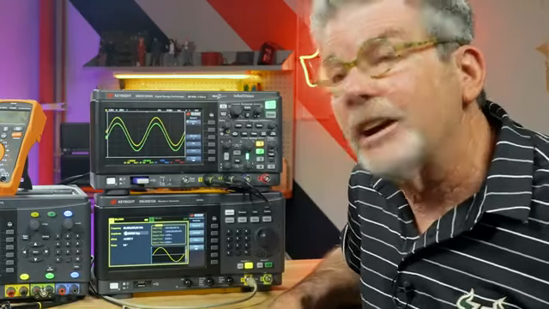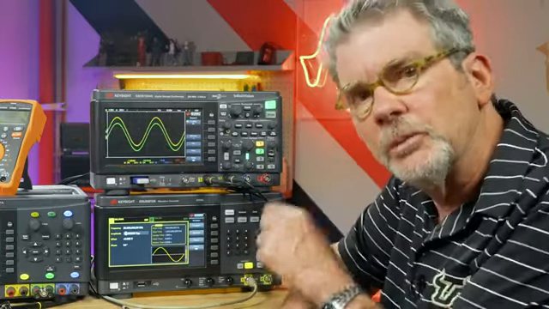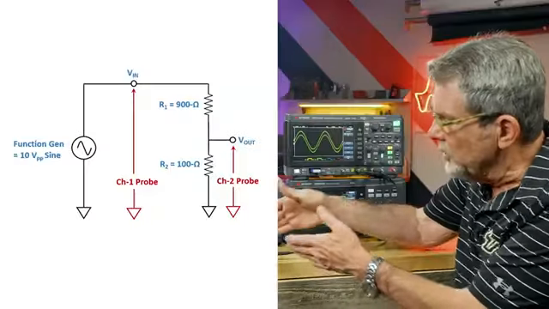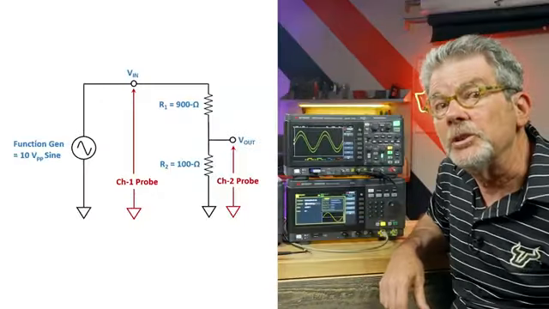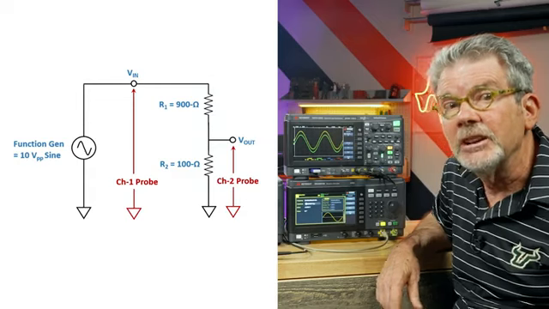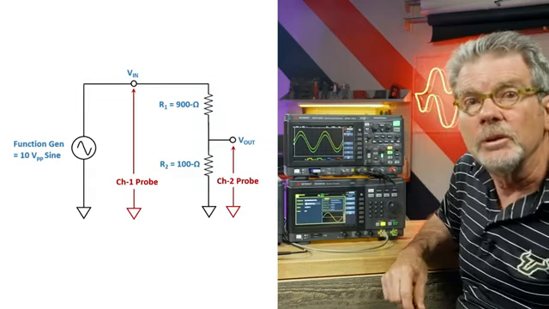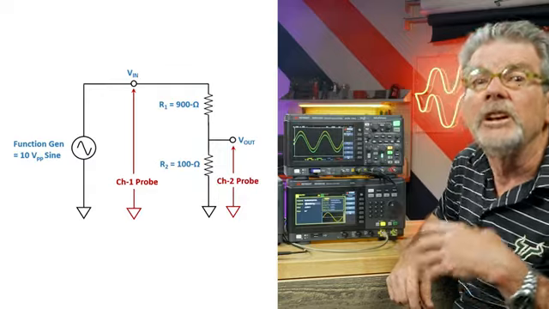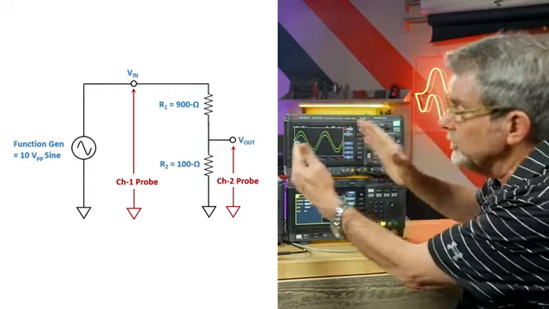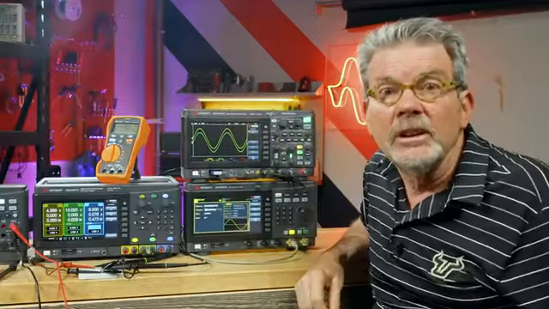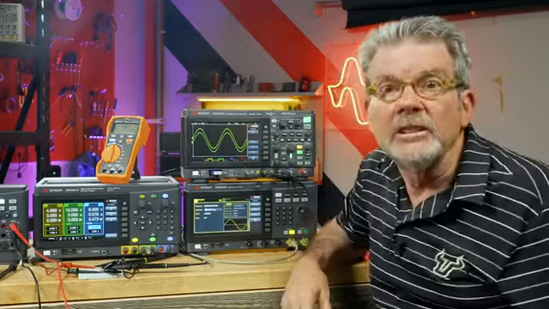This oscilloscope also has a built-in one-channel function generator, which is probably good enough for most of your experiments, but since I have a better function generator, I'll be using this function generator for most of my demonstrations in this video series. With my oscilloscope probes connected to the input and output of this circuit, now we see two waveforms displayed on the oscilloscope in a voltage versus time format. We'll be talking about probing in lesson 3.